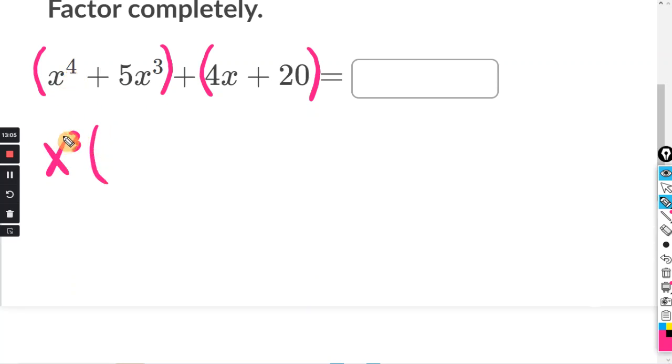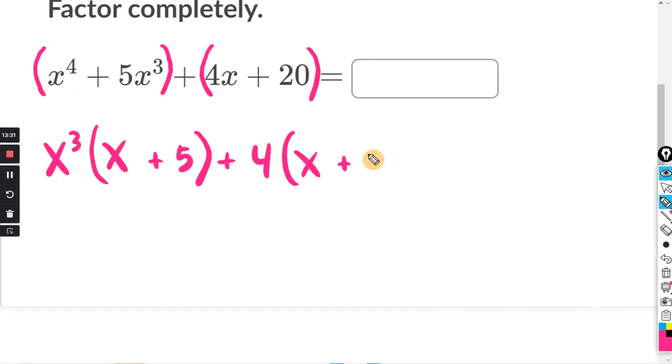X to the 4th divided by x to the 3rd is x. 5 divided by 1 is positive 5. X to the 3rd divided by x to the 3rd cancels. Keep the plus sign. Between 4 and 20, the greatest common factor is 4. And this one does not have an x, so we can't pull out an x. 4x divided by 4 is x. 20 divided by 4 is positive 5.